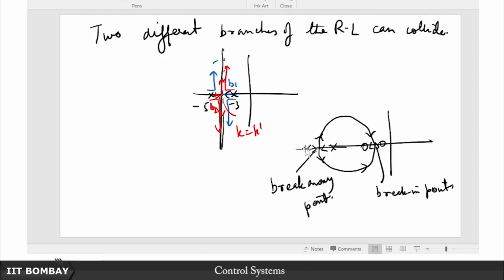This branch also starts at k equal to 0 and stops at some k equal to k dashed. We've already seen that for any point on the root locus, the k value is uniquely determined. So if this is a common point for two branches, then if along one branch this gives a value of k equal to k dashed, along the other branch also this must give a value of k equal to k dashed.